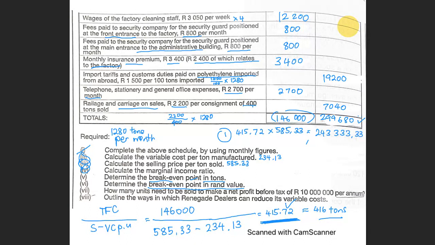243,333.33. Alternatively, the second method is to take your total fixed cost, which is 146,000 Rand here, and divide it by your marginal income ratio. Your marginal income ratio we had calculated in question 4 here is 0.60 or 60%. So that gives you then the same value it should give you of 243,333.33.